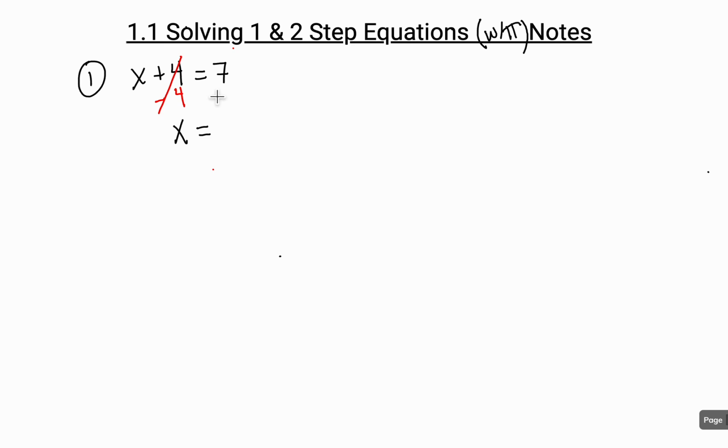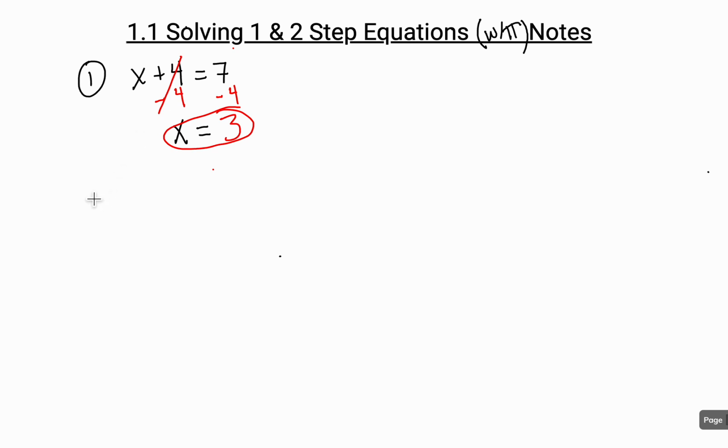It's like a balance beam. If you do it to one side, you have to do it to the other, so it's equal on both sides. So now 7 minus 4 is our solution of 3. So that solution, x equals 3, is solving equations.